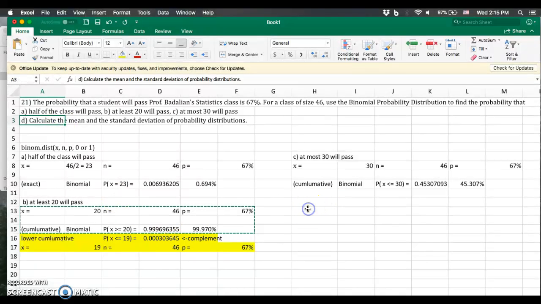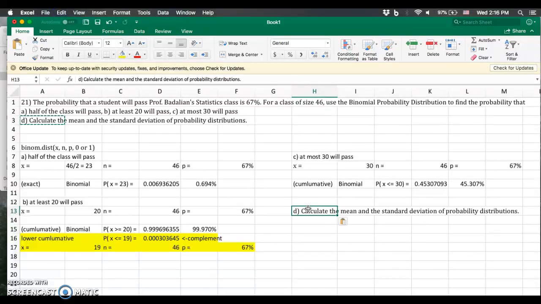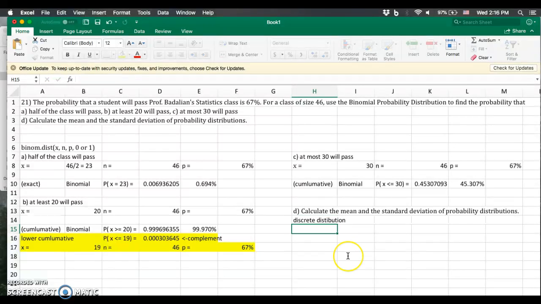Then D, the last question for this example, is calculating the mean and standard deviation. Because we're talking about discrete distribution, discrete data, for the mean and standard deviation we actually need to use a new formula.